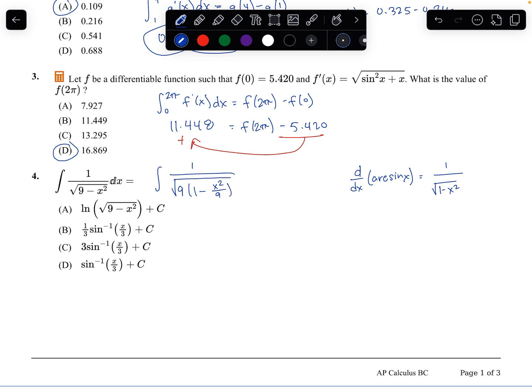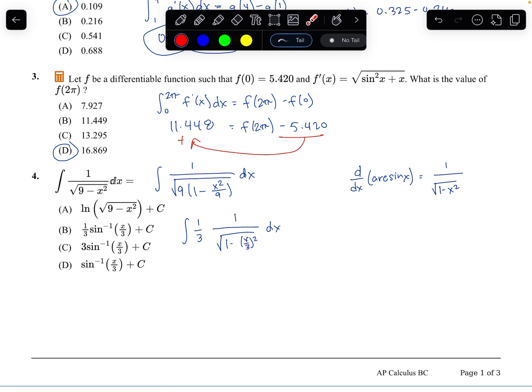Then I can take the square root of that, and since 9 is 3 squared, I'm also going to manipulate that expression. So that's going to be the integral of 1/3, and then 1 over the square root of 1 minus (x over 3) squared. I'm manipulating this because (x over 3) squared is x squared over 9, and the reason I've done that is now I can use u substitution right here.